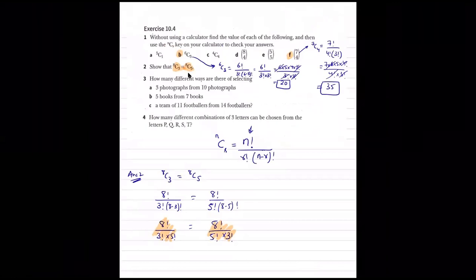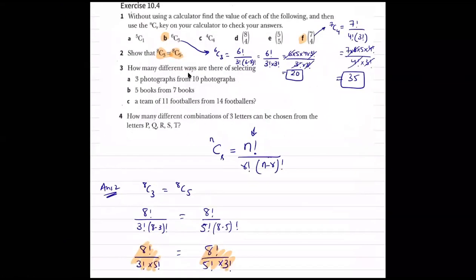Okay. Now coming back to these questions. Question number 3. How many different ways are there of selecting three photographs from 10? This can be done verbally with me. You don't need to write this. Three photographs from 10 photographs, that is going to be 10C3. 5 books from 7 books, 7C5.